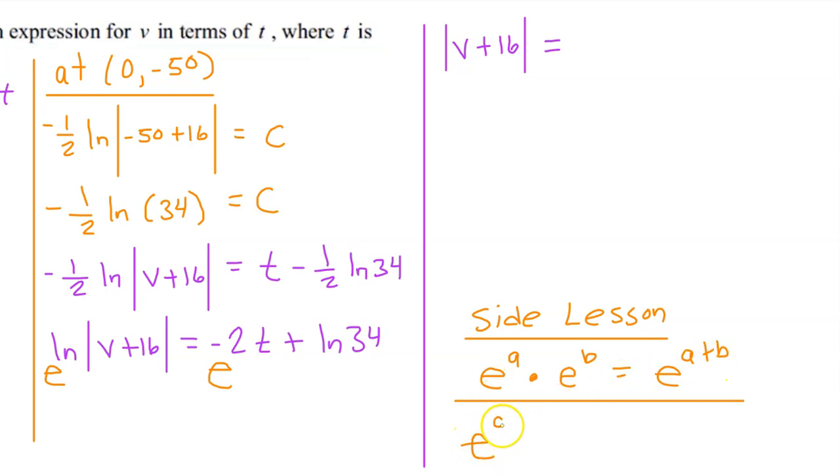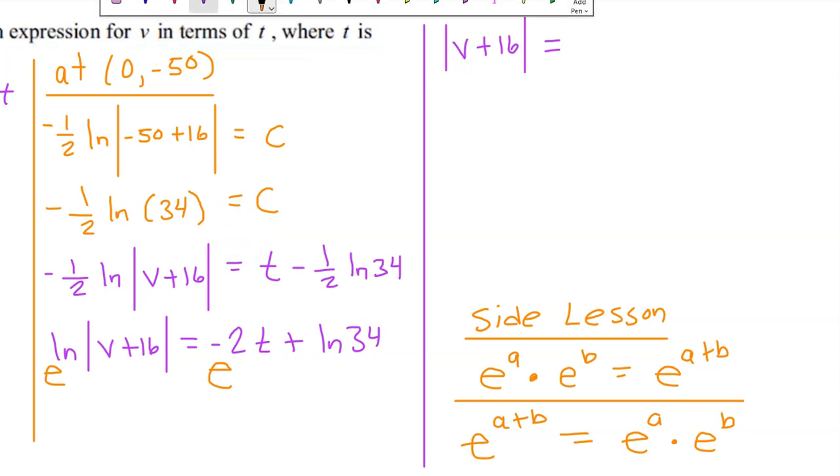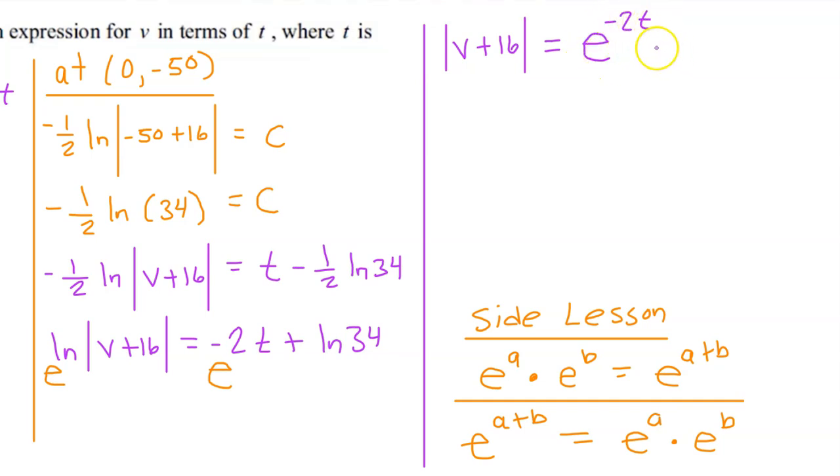If we have e to the a plus b, we can always rewrite this as e to the a times e to the b. So the right hand side of this equation is just like e to the a plus b. So we can rewrite this as e to the negative 2t times e to the natural log 34. Now the base e and the natural log are right next to each other, so these can cancel each other out. So on the next step I'll just have a 34, and we'll put that in the front.